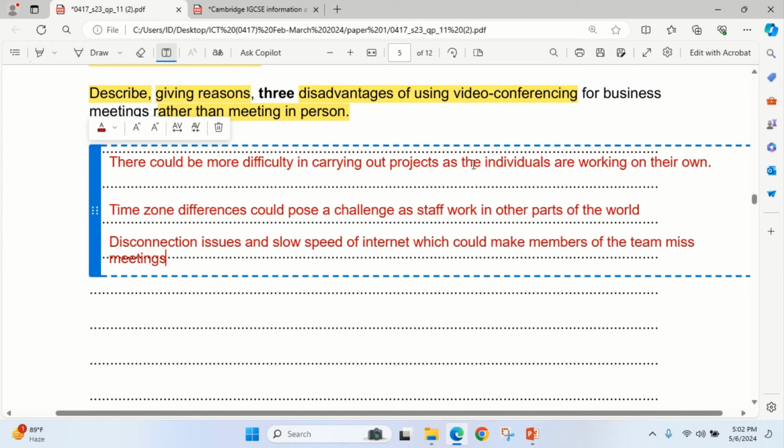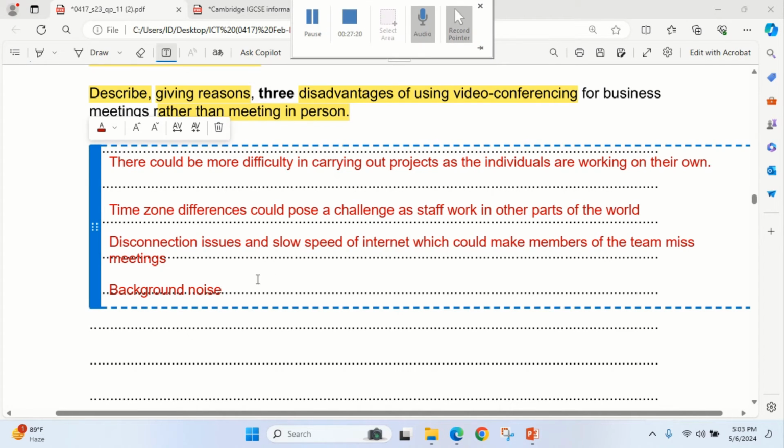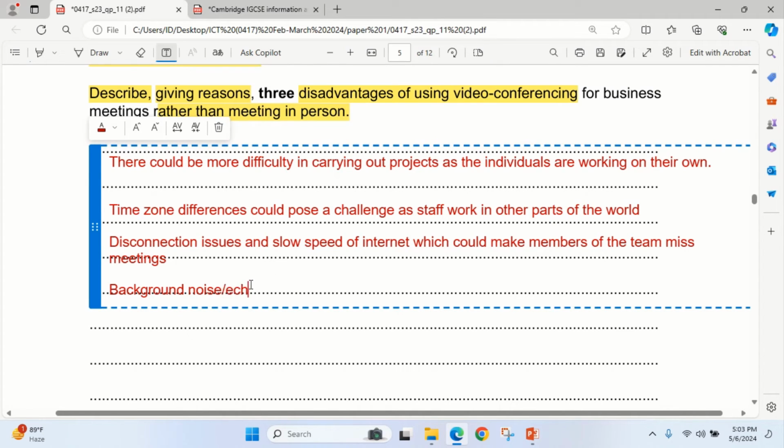Then background noise or echo could be distracting. That's another disadvantage of video conferencing. So take note of that, background noise. So the background noise or echo could be distracting.